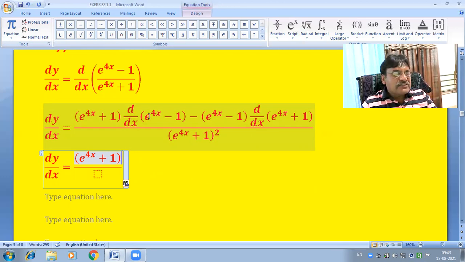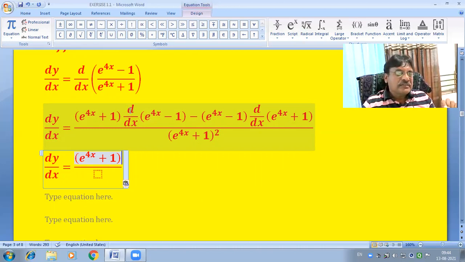First we find d/dx of e to the power 4x. For this we use the formula d/dx of e to the power f(x) is e to the power f(x) into f dash of x. Similarly, d/dx of e to the power 4x is e to the power 4x into the derivative of 4x, and the derivative of 4x is 4. That is 4 into e to the power 4x.